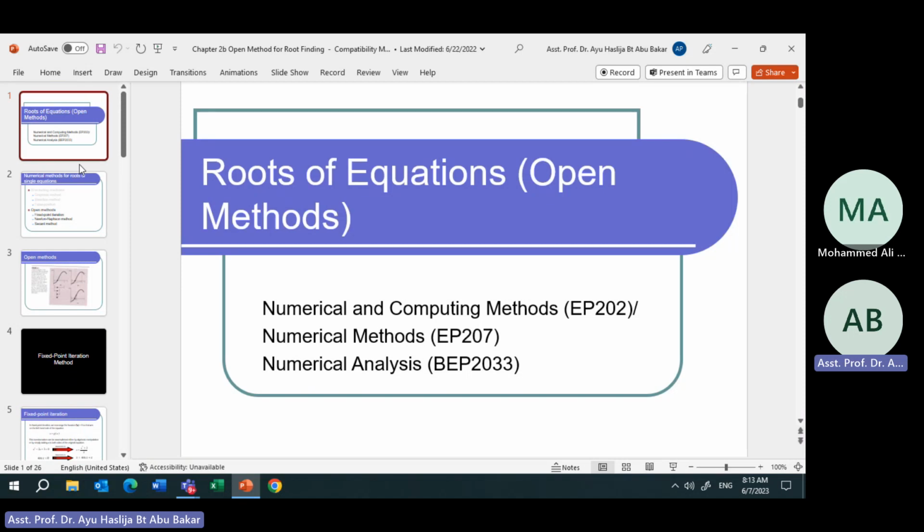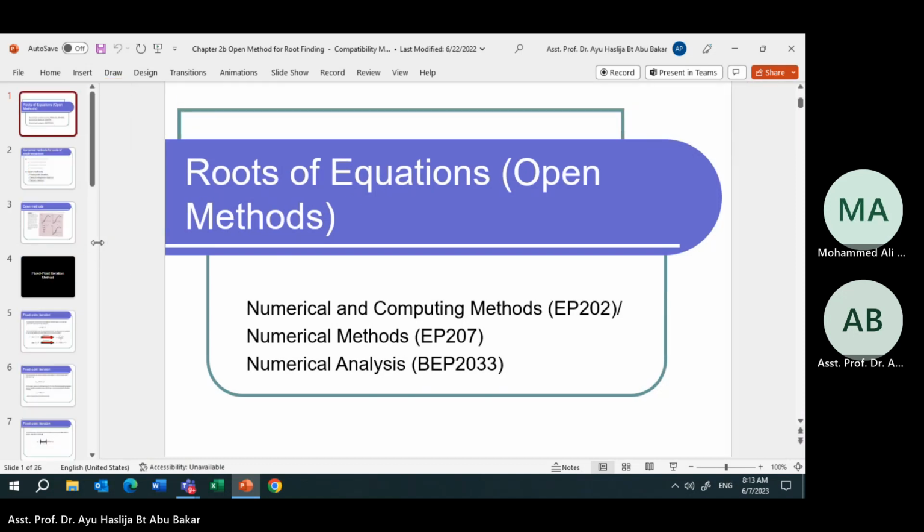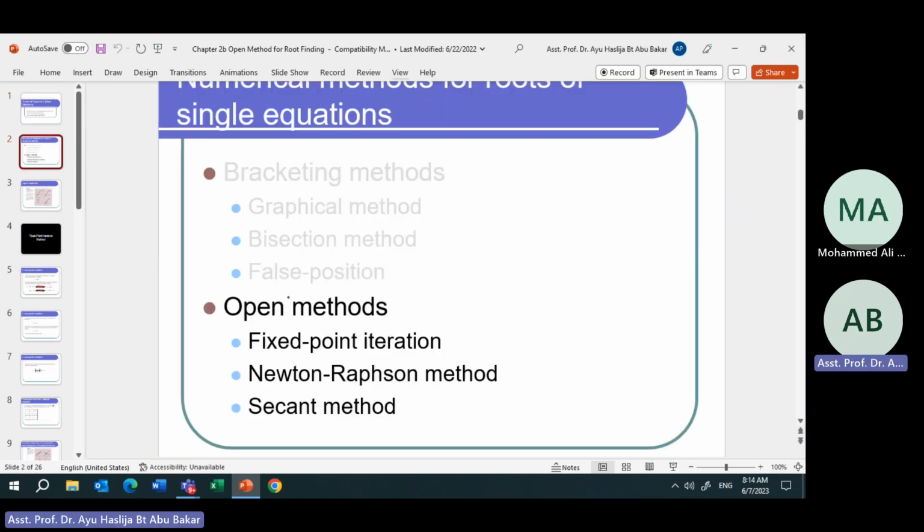For open method, you will be given only 1 point for you to start your calculation. For open method, we have fixed point, Newton-Raphson, and secant method. We will go one by one.